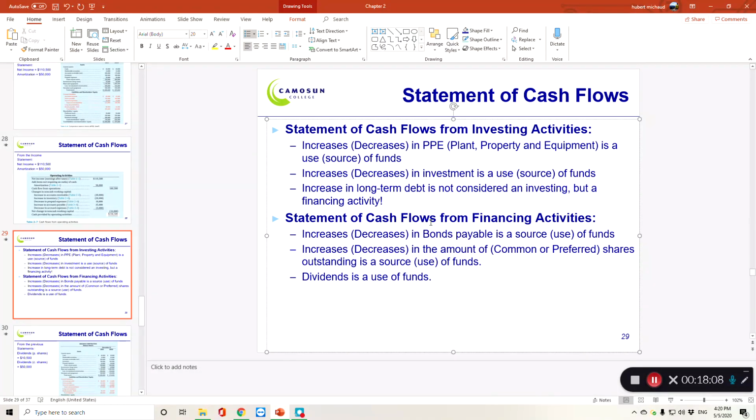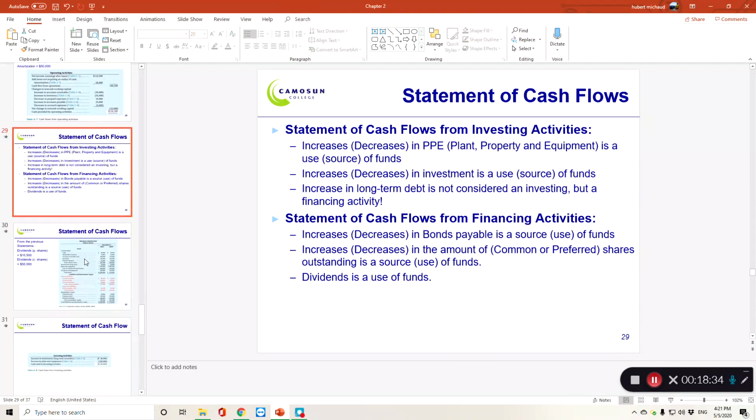Obviously, an increase in the amount of common shares means that I am selling shares and getting funds, so it's a source of funds. If there's a decrease in the amount of common or preferred shares, I must be buying back these shares with cash, so it's a use of funds. The same idea applies with bonds. I won't repeat that one. I think it's pretty straightforward, hopefully, at this point.